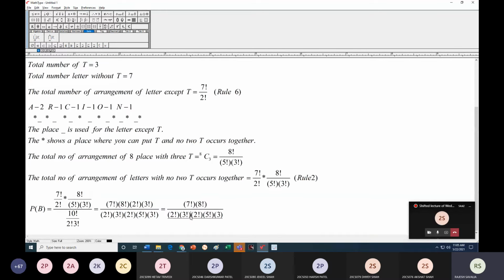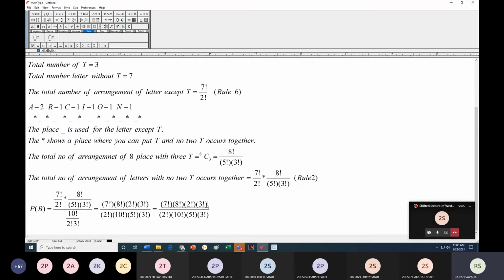So they are cancelled. Wait a minute, there is a mistake here. 7 factorial, 8 factorial, 2 factorial, 3 factorial, and 10 factorial was remaining. So this 2 factorial, this 10 factorial, 5 factorial, this 3 factorial. Is it okay?